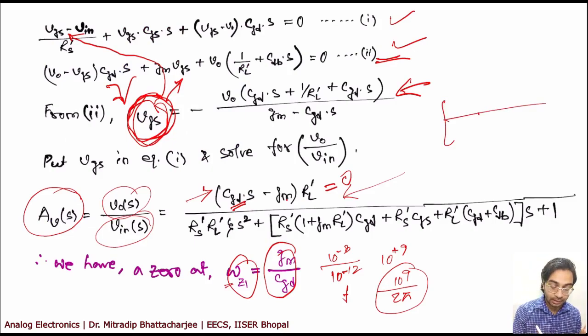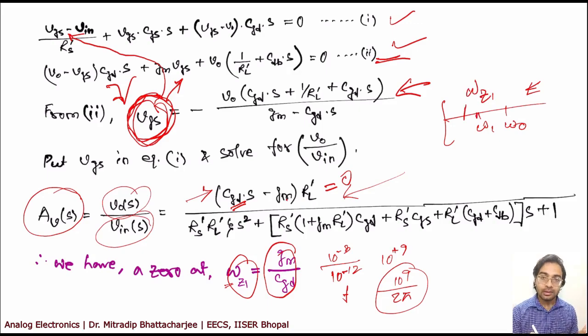And it may happen, if this is your omega 1, omega 0, with a proper parallel capacitance, you force your zero to come before omega 1, or just at the omega 1 value.